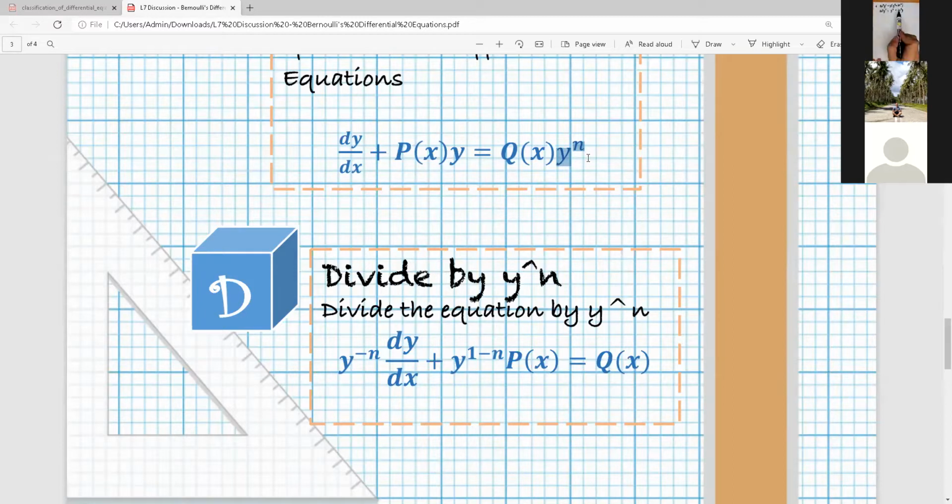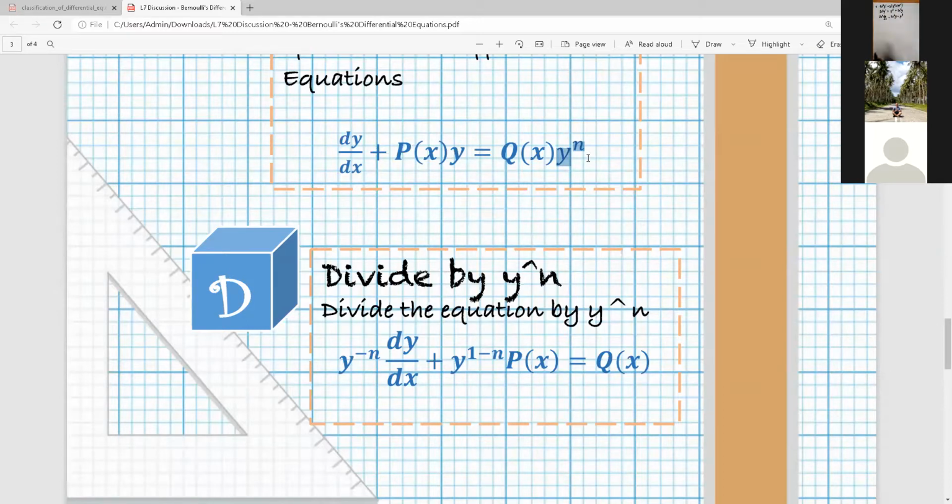Then the term with only y gets transposed to the other side, leaving the one with y raised to n. So 2x squared dy over dx minus 3x squared y is equal to y raised to 3.